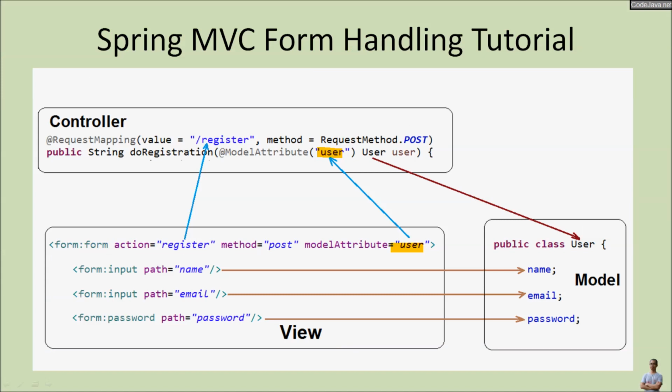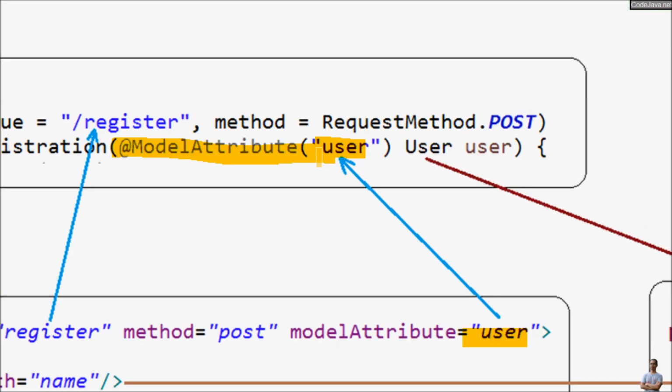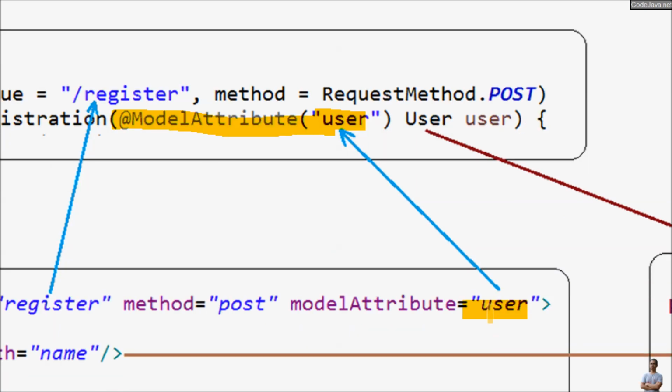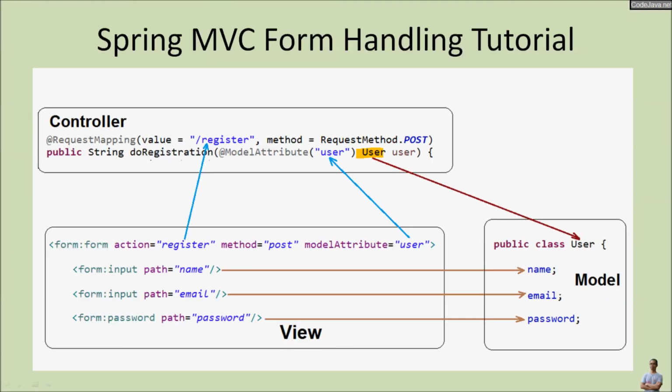In the controller class here we use the annotation model attribute user to map with the model attribute user in the view. And this is the model class user here.